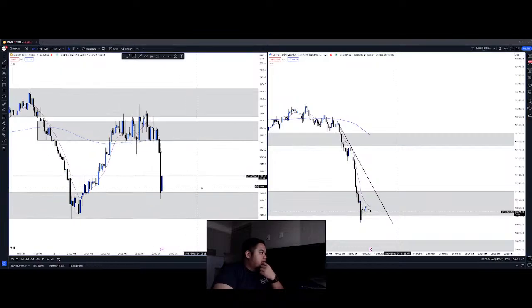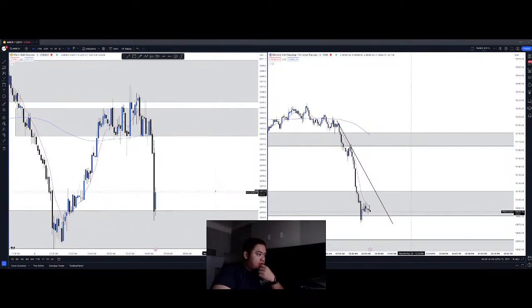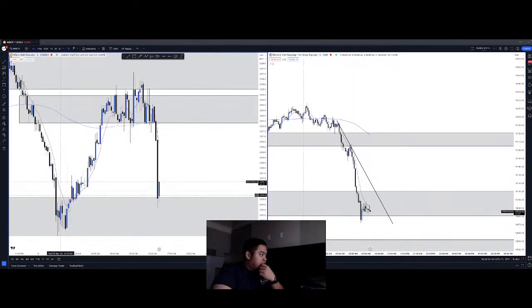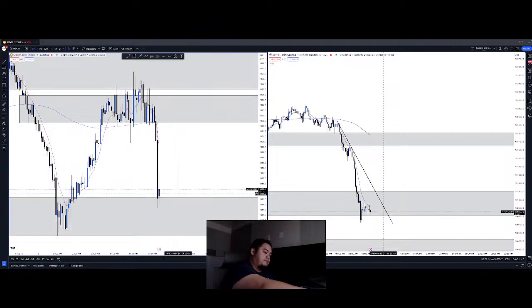Alright, we are rejecting this demand beautifully. But the market hasn't opened. So I like to usually wait for market open because things change fast usually when the market opens, and I don't want to be caught in some crazy move.